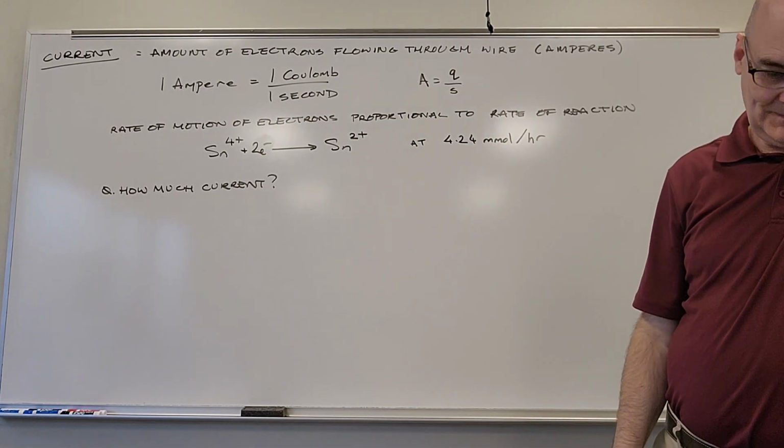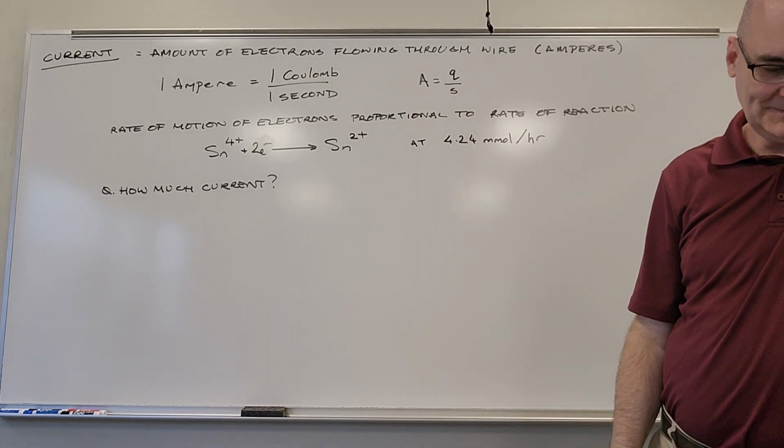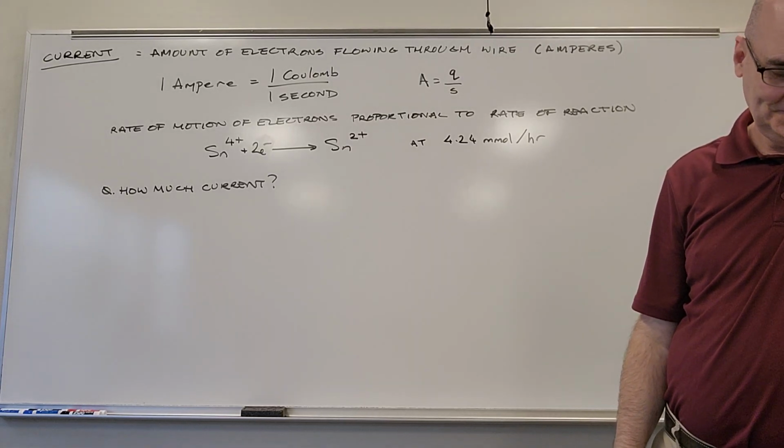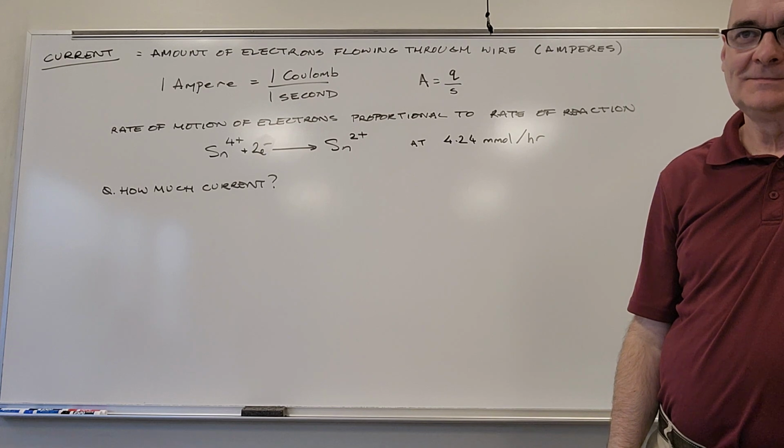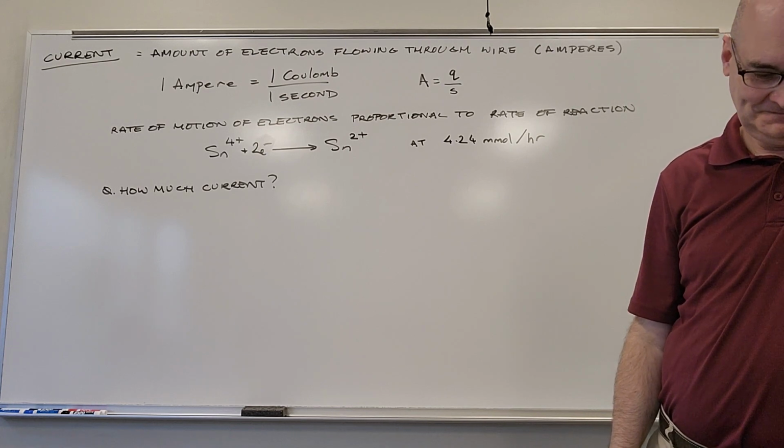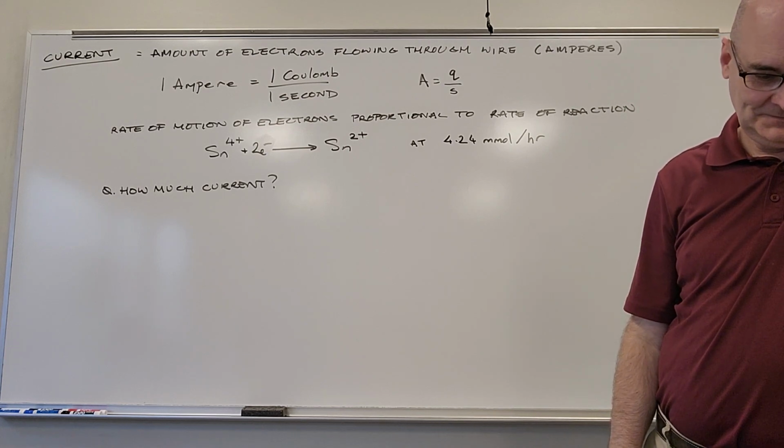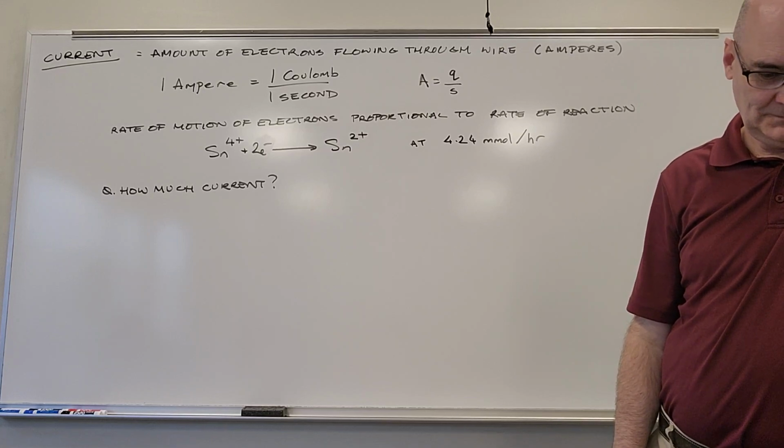We have Faraday's equation from last week. Multiply by 2 electrons and multiply by Faraday, then divide by 60 twice to get seconds.